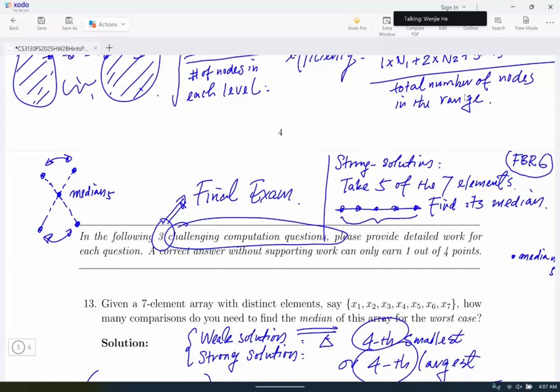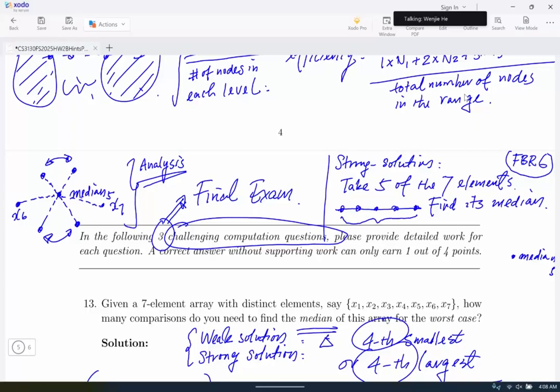So that's what we get. Then the next step: the element number 6 and element number 7 remaining, can you compare them to the median and do some analysis to get a strong solution this way?